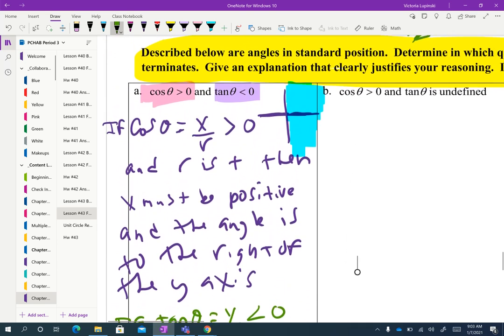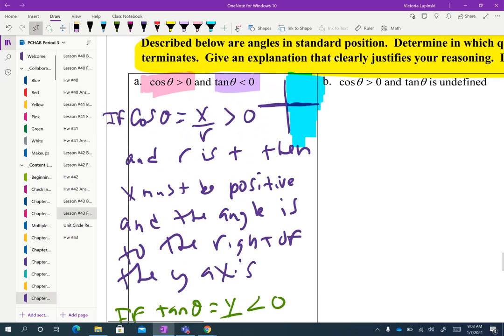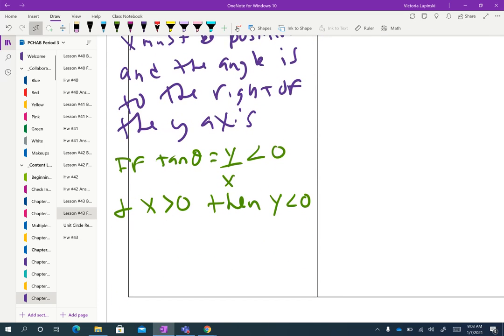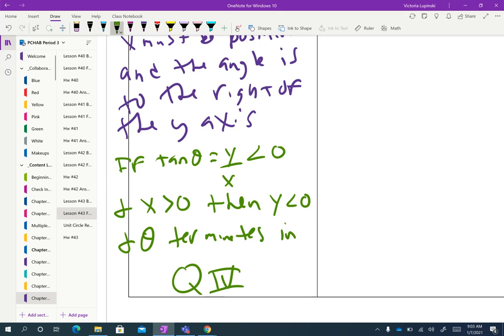If I go back to my choices, because I had already determined that I had to be to the right of the y-axis, and now I know that y has to be negative, that's how I know I have to be in quadrant 4. Just to summarize, y is less than 0, and theta terminates in quadrant 4.